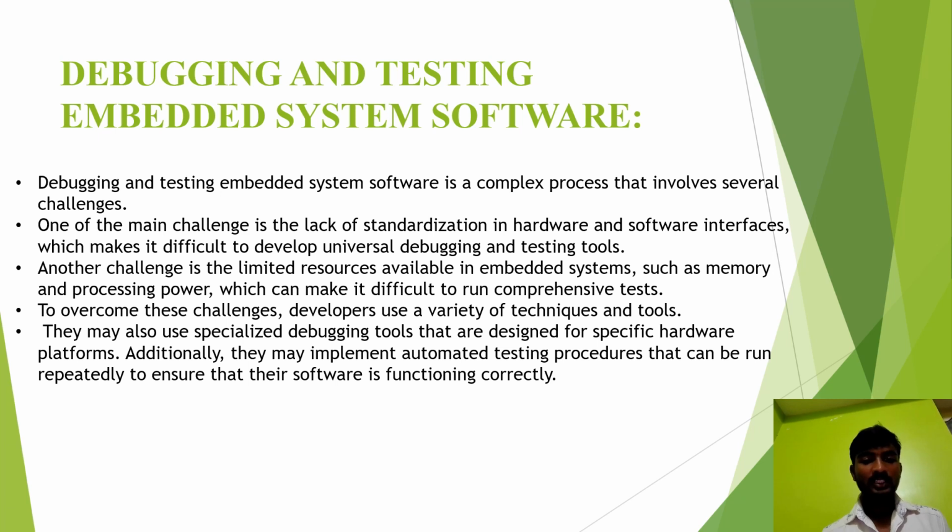To overcome these challenges, developers use a variety of techniques and tools. They may use specialized debugging tools that are designed for specific hardware and platforms. Additionally, they implement automated testing procedures that can be run repeatedly to ensure their software is functioning correctly.